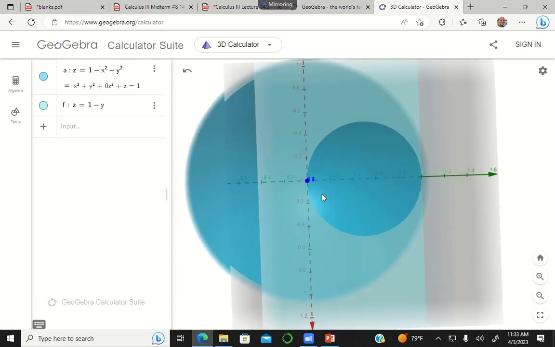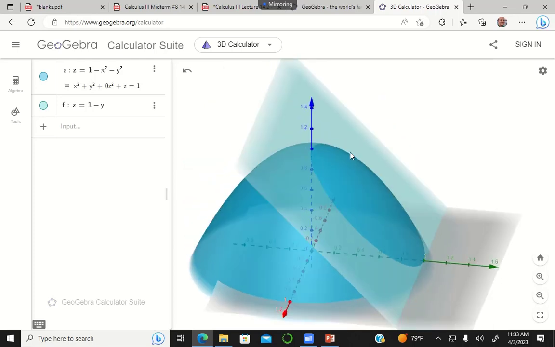But the green axis seems like it's my y-axis, and so you can tell when y is equal to 1/2 and x is equal to 0, that's the center of this circle, and the radius goes up to 1/2 in all directions. So that intersection between that plane and that paraboloid is a circle. Cool.